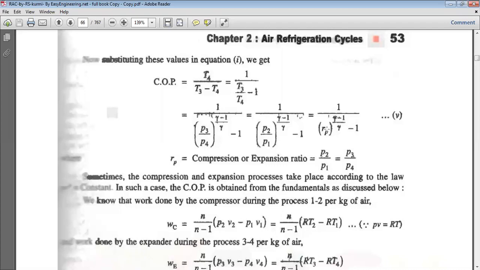If Rp increases, that is, if the compression ratio increases, the Rp value increases. Whenever the Rp value increases, the denominator increases, so the value will decrease. When the denominator increases, the fraction decreases, COP decreases. If the compression ratio is low, the denominator decreases, therefore we get more. Therefore as the pressure ratio, the expansion pressure ratio, decreases, we get more efficiency, COP will be increased.